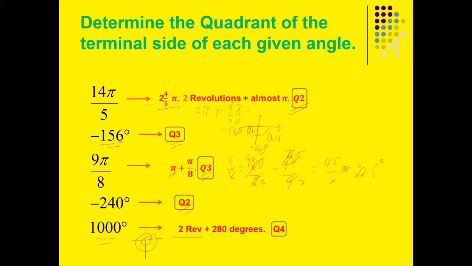So we have 360 plus 360, that is 720. So 1000 minus 720, we have 280. Our coterminal value of the angle is 280. Since 280 falls to quadrant 4, 1000 degrees is under quadrant 4.